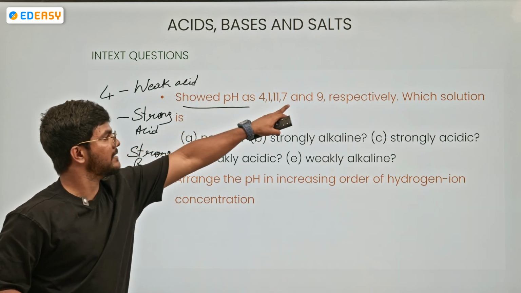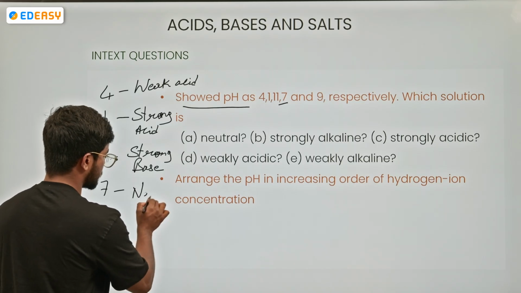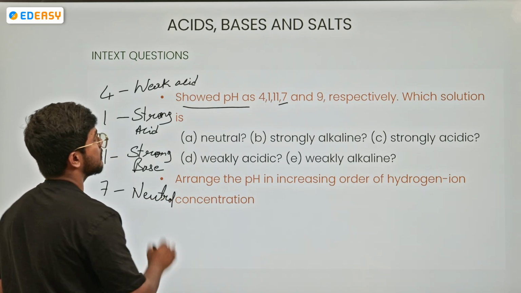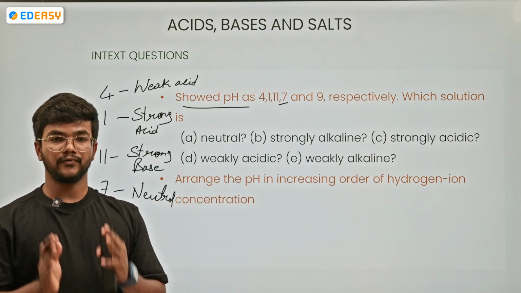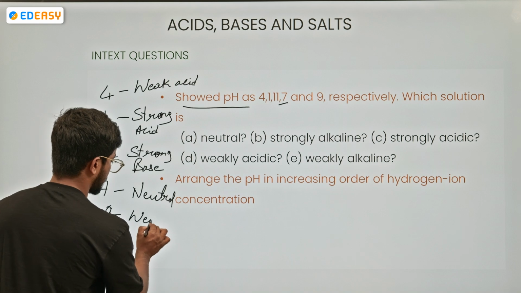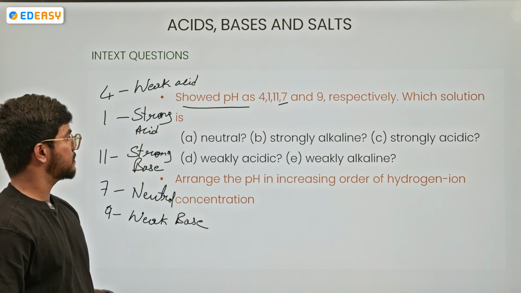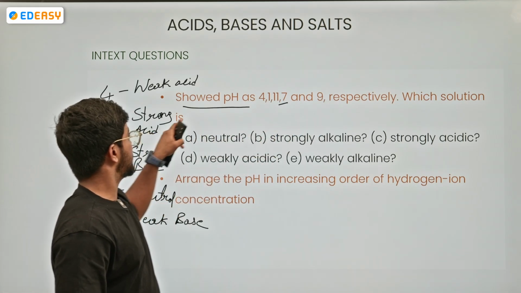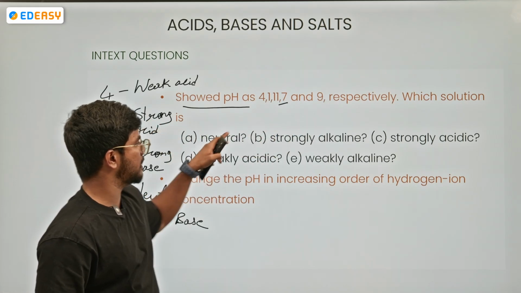7 is a neutral solution, and last, 9 is a weak base. Okay, 9 is a weak base. So here, respectively, which solution is neutral, strong?